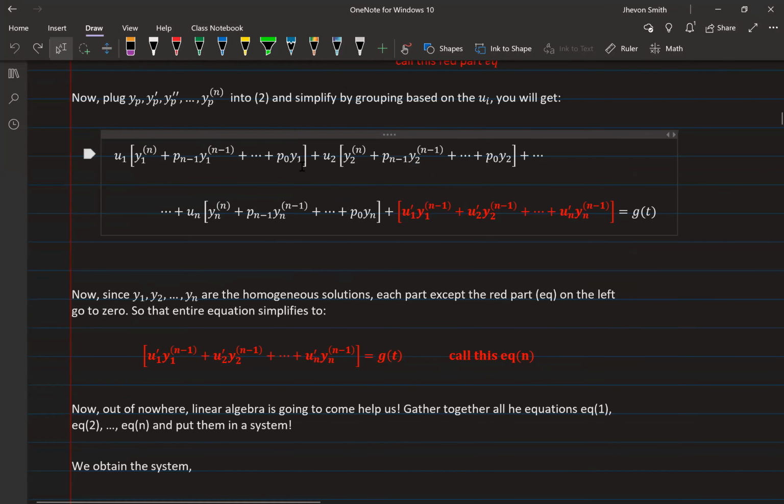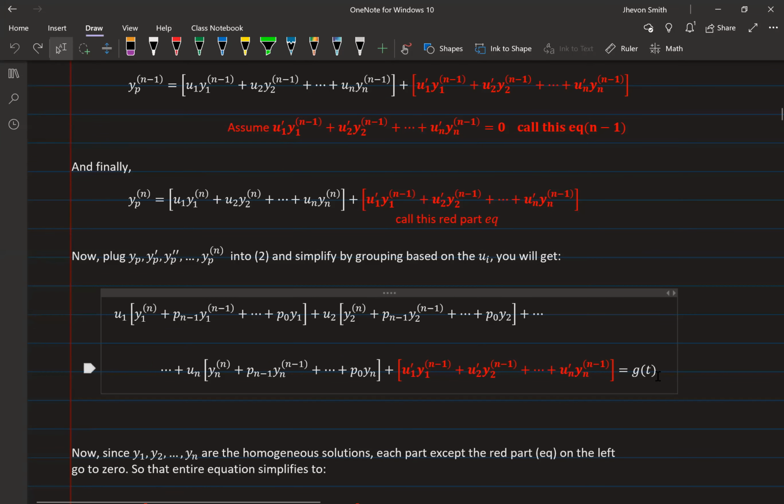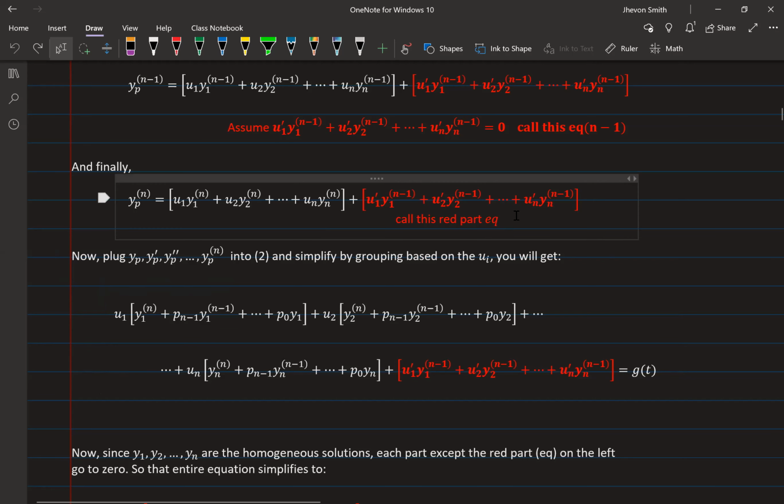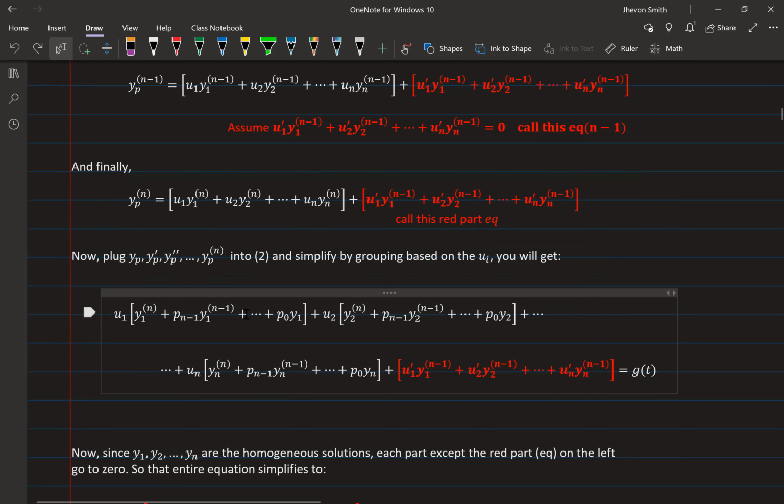What that's going to look like is something like this. You're going to have this huge monstrosity where I just have the white parts, which are the parts that I did not throw away, and this red part here, which is the last red part. So I would have all of that equal to g. Now, of course, here the u's are going to be common terms. I can factor them out.